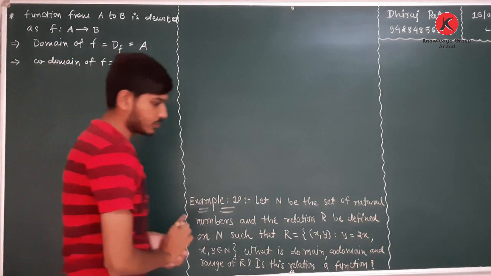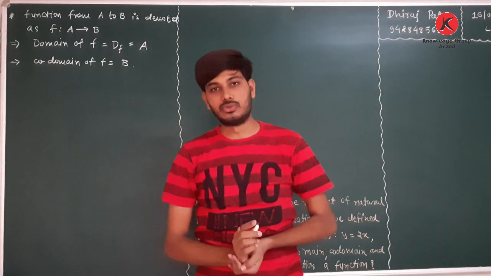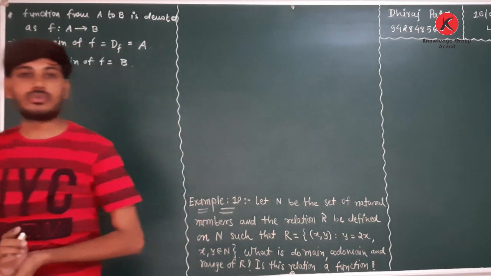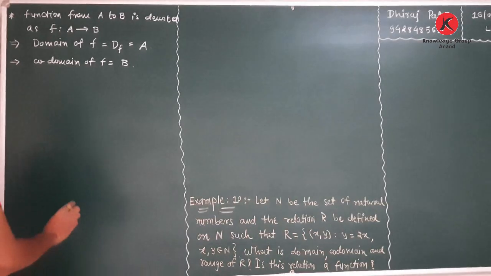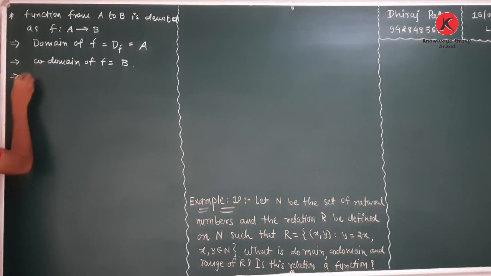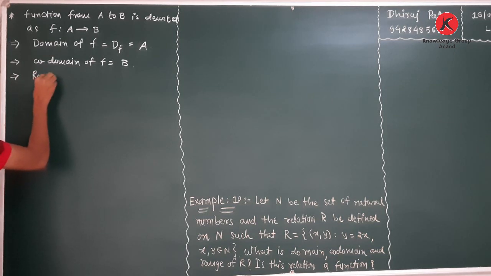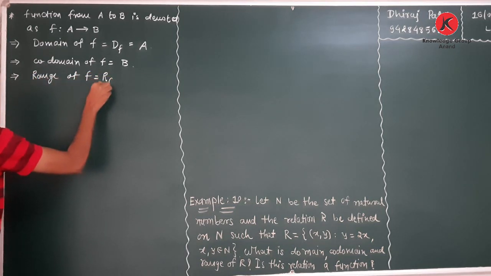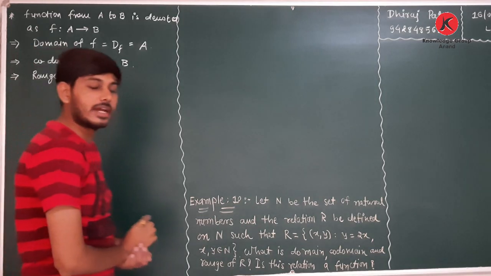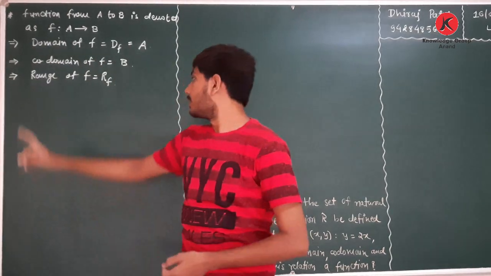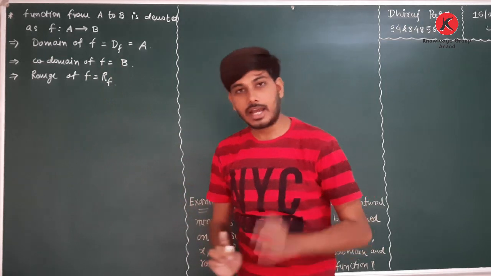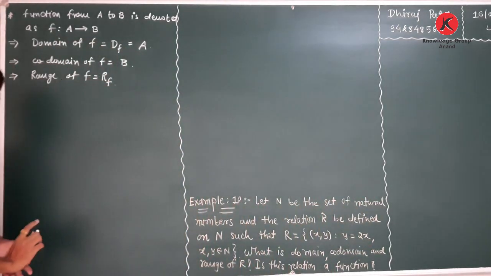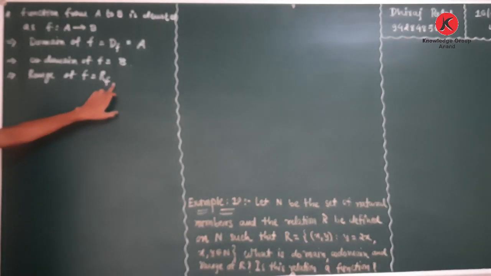Okay, what do we call set B? Codomain of f. Same way, range of f is denoted as capital R with suffix f, R of f. Now what will the range be?